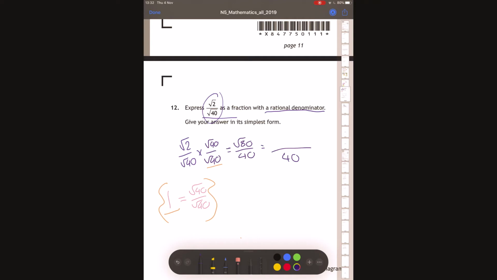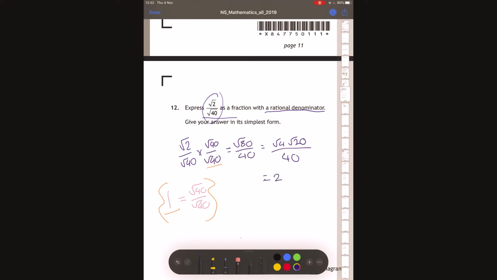I'm asking myself, what times what is equal to 80, that would simplify down into, ideally, a square number, so then I can take the root of a square number and get a whole number. So, I know that root 80 is equal to root 4 times root 20.